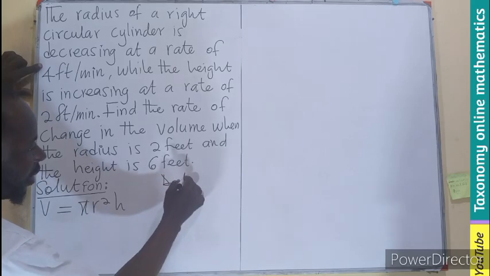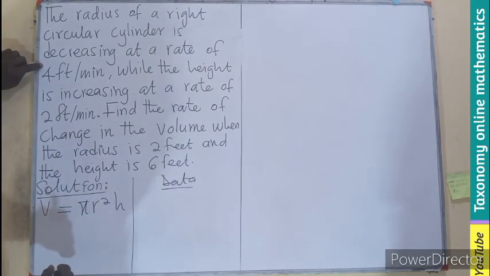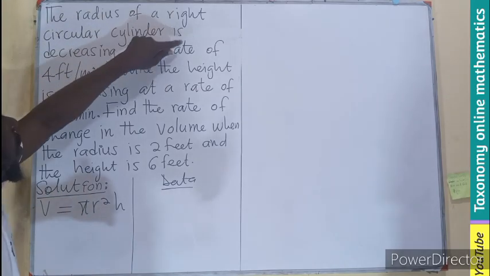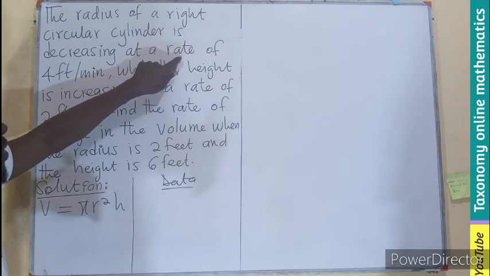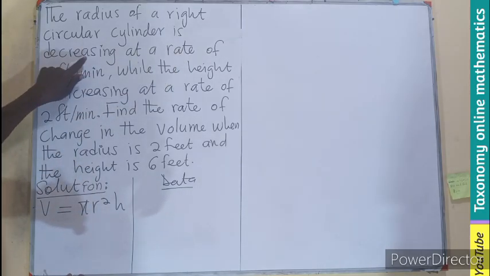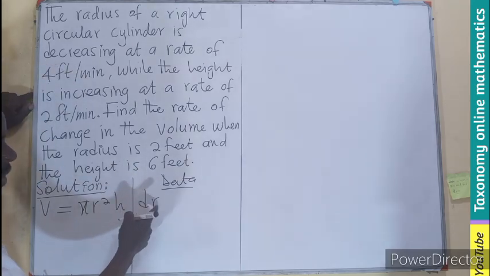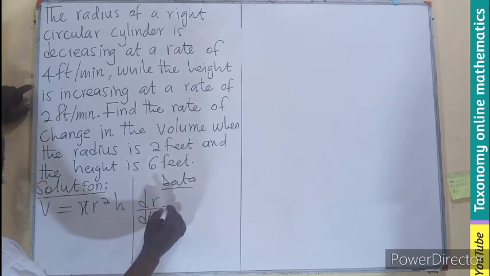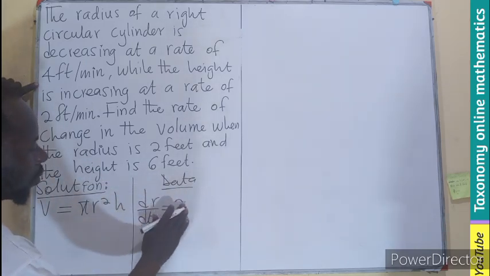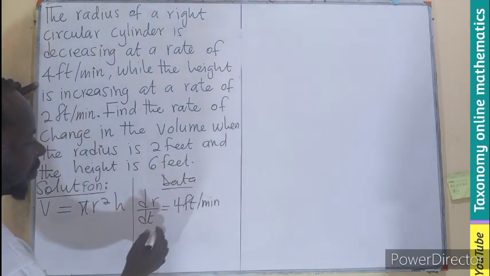If we take the data from the information, the radius of a right circular cylinder is decreasing at a rate of 4 feet per minute. So our dr/dt, the radius with respect to t, has been given as 4 feet per minute.